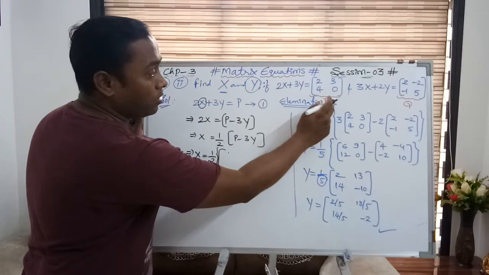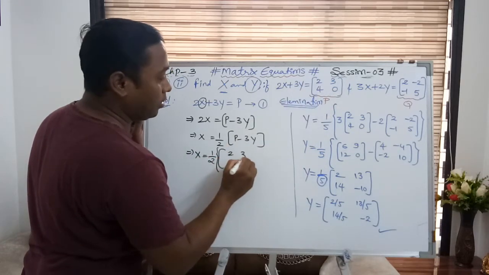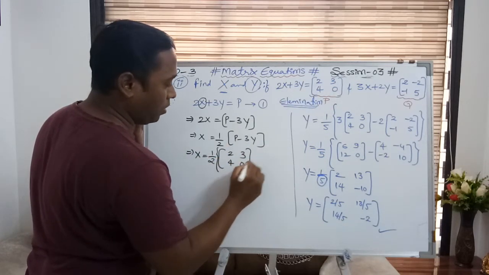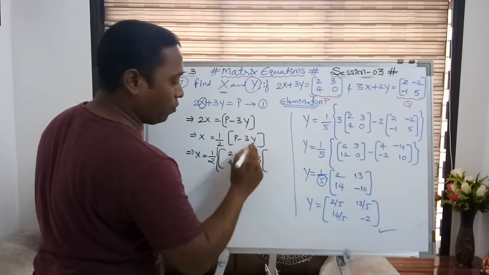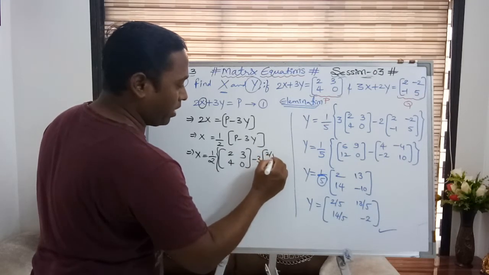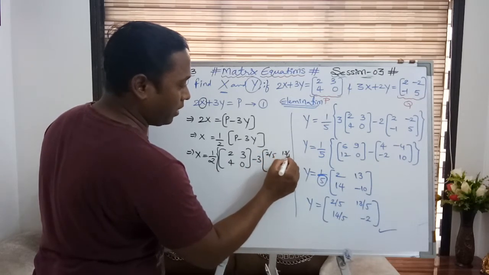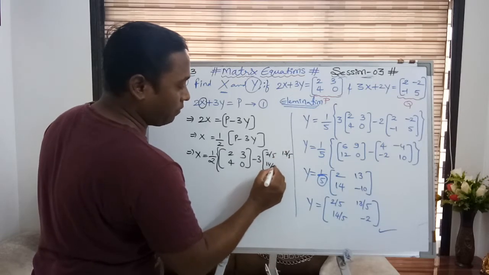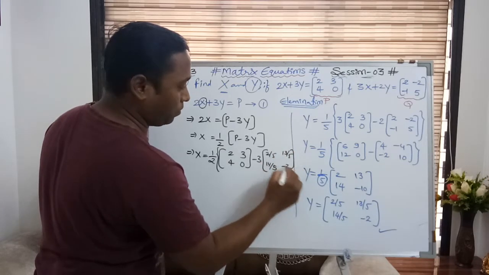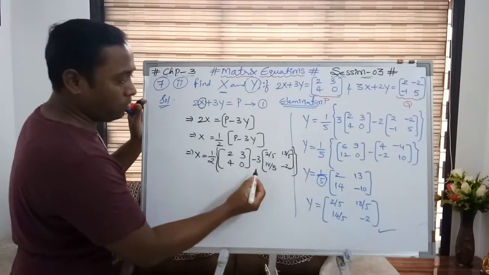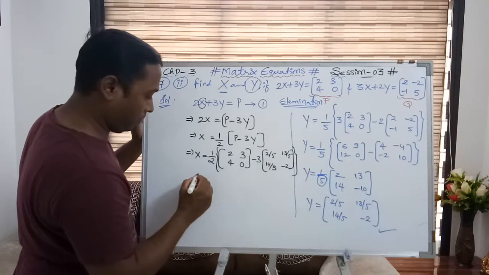What is p, which we assumed as 2, 3, 4, 0, minus 3 times of what is y, 2 by 5, 13 by 5, 14 by 5, minus 2. Now simplify this. Means first we'll multiply with 3.